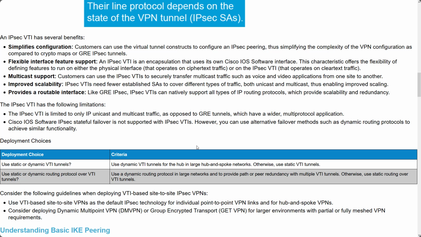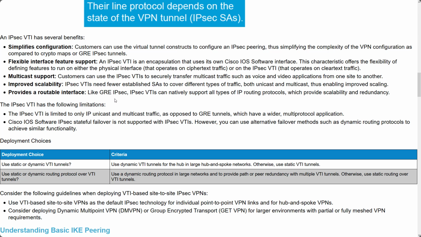We can identify features that either run on the physical interface or the VTI itself, whether it's clear text or ciphertext. We can support multicast. We can support scalability. It is a routable interface, so routing protocols can run over it.